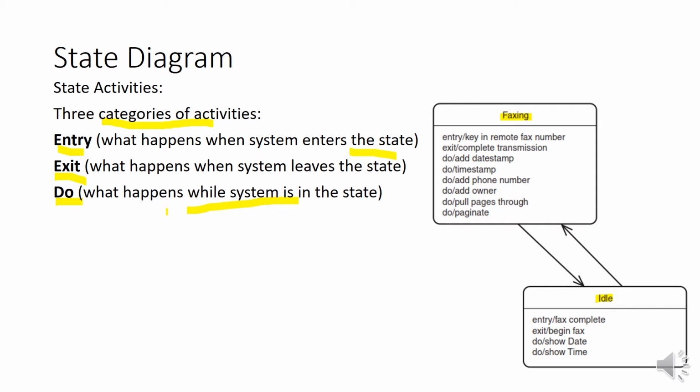So the diagram shows the state diagram of a fax machine. The states are faxing and idle. When it is in the faxing state, the fax machine engages in the activities of adding a date stamp and time stamp to the fax, and adding its phone number and the name of its owner.